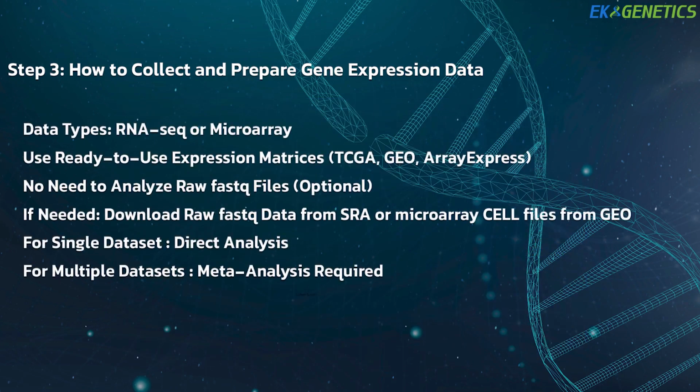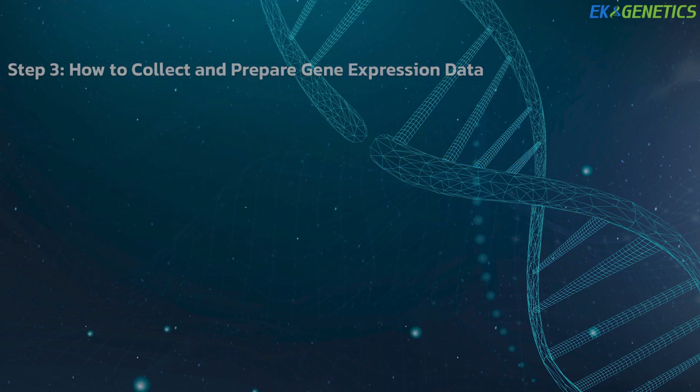Important note, everything I explained here is for when you want to build your ceRNA network using a single dataset. If you want to combine multiple datasets and build a network from integrated data, you need to know how to perform meta-analysis of gene expression data to properly merge them. I'll explain meta-analysis in detail in another video.